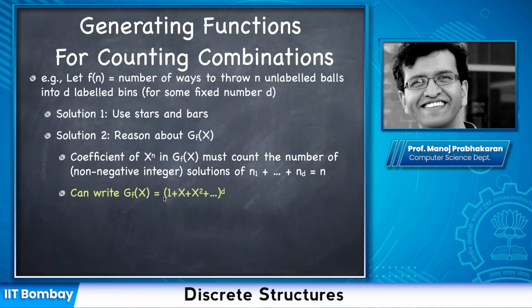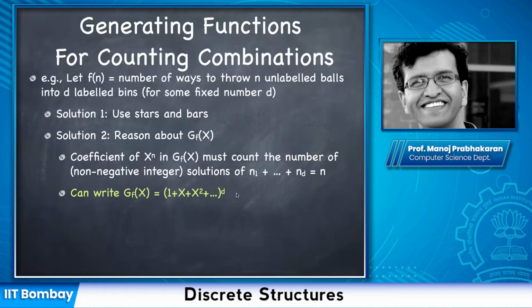And that is indeed the case if you looked at this expression. So this is an infinite sequence, (1 plus x plus x squared and so on) all the way to the power d. Now if you thought of the coefficient of x to the power n in this product, each term of the form x to the n comes from picking one term each from each of the factors here, and the powers you picked from each of the terms here would be the n_1, n_2, and so forth, and they add up to n.